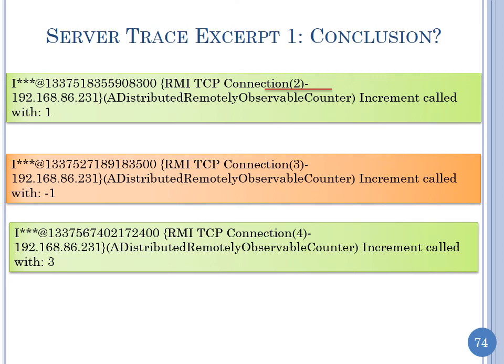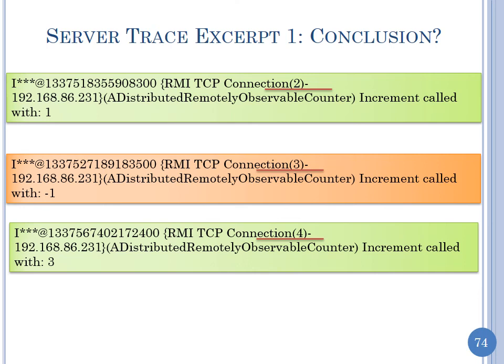For those of you who know networking, that's the underlying connection, and it has this suffix 2 here. For the orange process, the suffix is 3. Then the suffix goes to 4 for the green process for the third call. So that's what we see here.